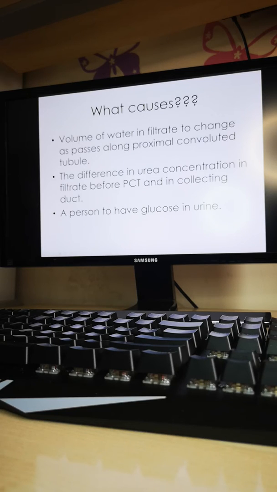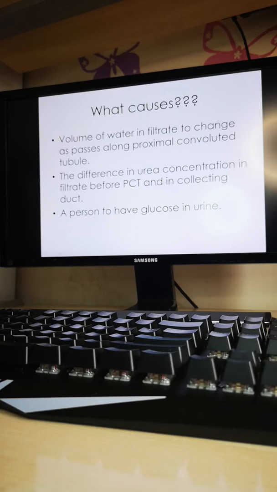So can we explain why the volume of water in the filtrate changes as it passes along the proximal convoluted tubule? What I'm hoping you've said is that as the glucose and the amino acids and other substances are reabsorbed by the proximal convoluted tubule, the water potential of those cells would become lower, and then as those molecules move across those cells and into the blood, that would also lower the water potential in the blood, creating a water potential gradient for the reabsorption of water.